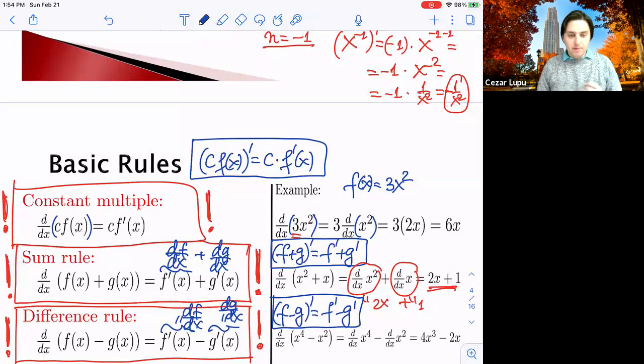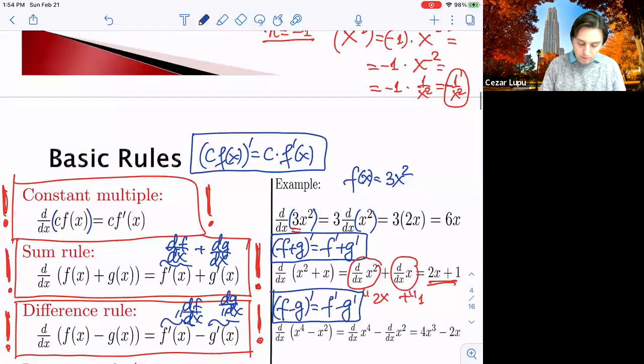And now let's see an example. Let's take these two functions: f to be x to the fourth and g to be x squared. So look here, f of x is x to the fourth and g of x is x squared. Well, by applying the difference rule, the derivative of their difference is nothing else than just the difference of the derivatives.